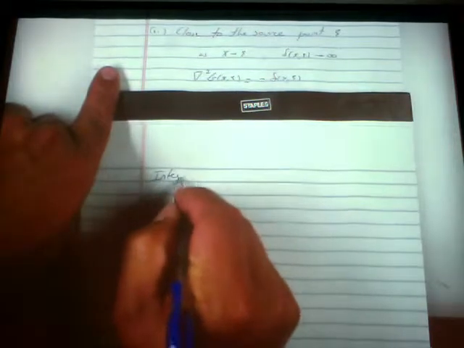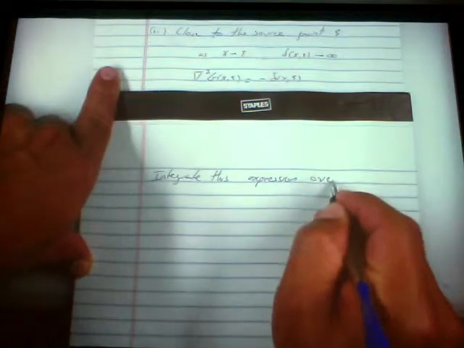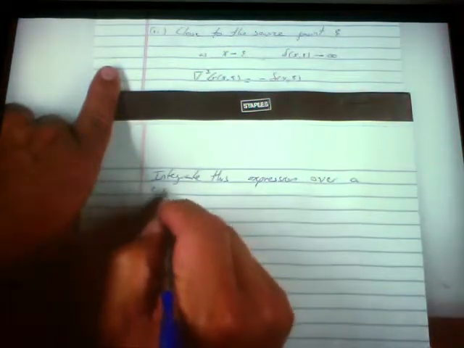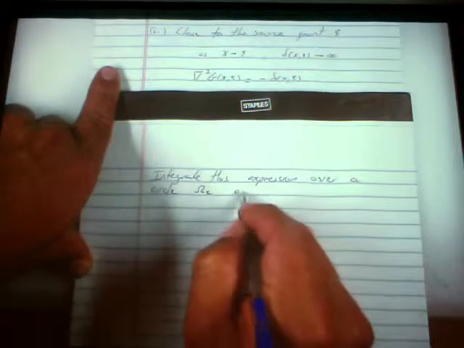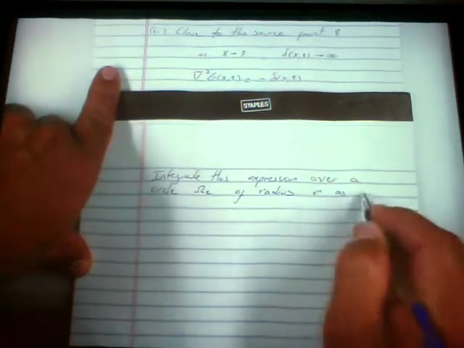And integrate this expression over a circle of radius r as r goes to 0. So we're going to shrink that circle to the limit when r goes to 0.